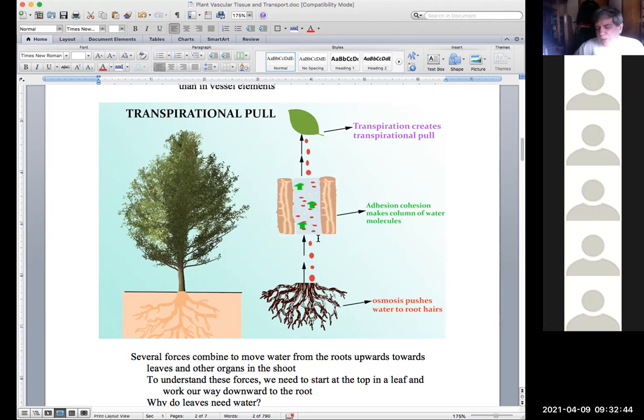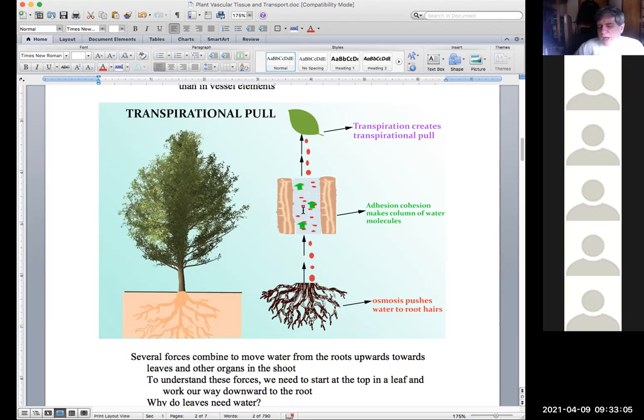So the hydrogen bonds are what cause the cohesion and adhesion. Cohesion refers to the fact that water molecules bond to each other through these hydrogen bonds. So cohesion is the water molecules attaching to each other.